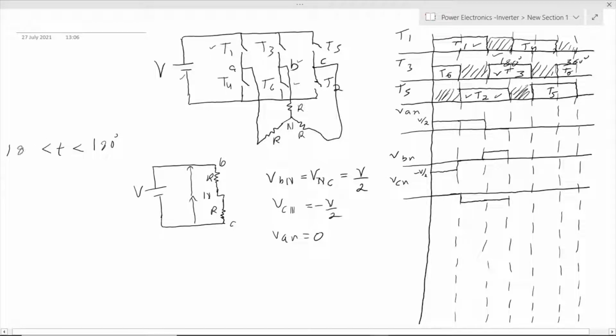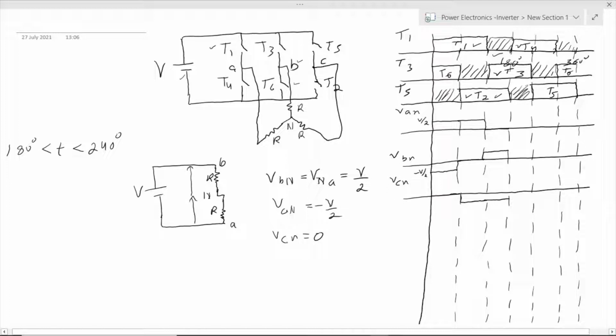Likewise, 180 degree to 240 degree. Now from 180 degree to 240 degree, T4 is on. You can see T4 is on. So here the lower will be A. And T3 is on, so B still remains connected to plus V. So here VAN will be equal to minus V by 2 and VCN will be equal to 0.